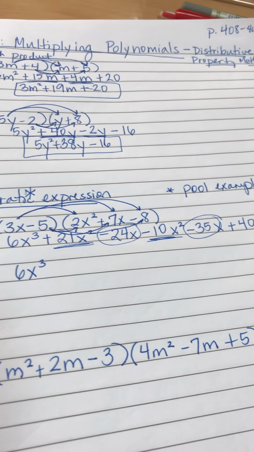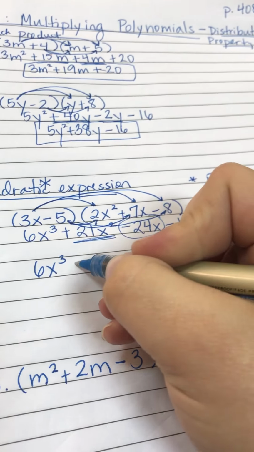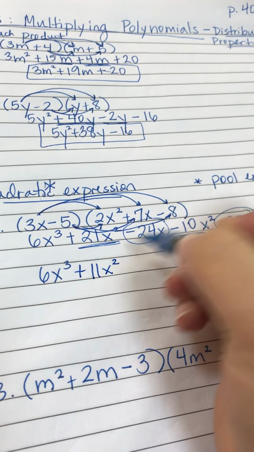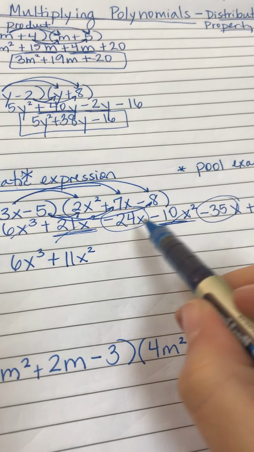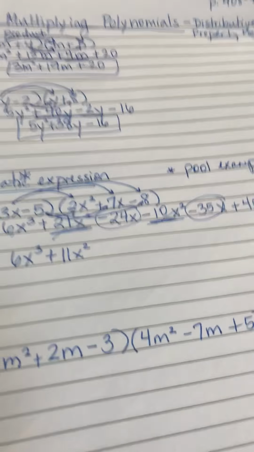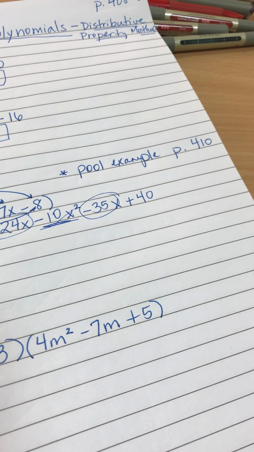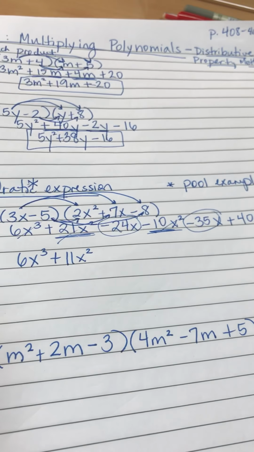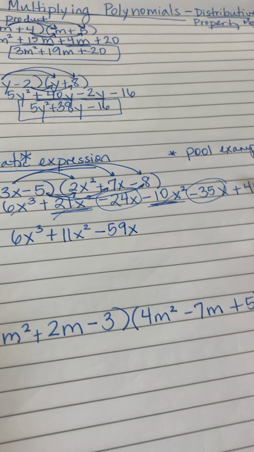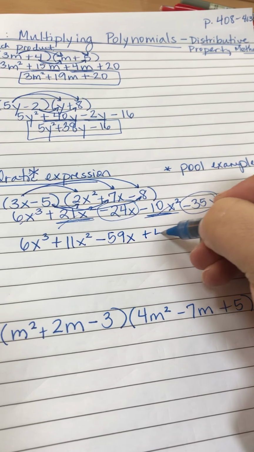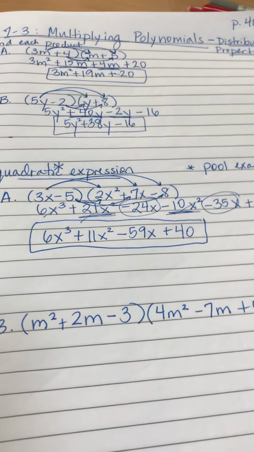So I'm going to do 21 minus 10 and get 11x squared. Now I have negative 24 and negative 35, which would give me negative 59x. And then the positive 40 at the end. There's no more like terms, and it's in standard form, so we're good.